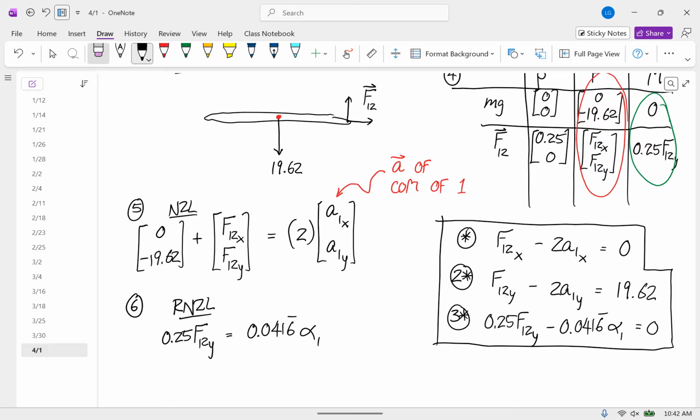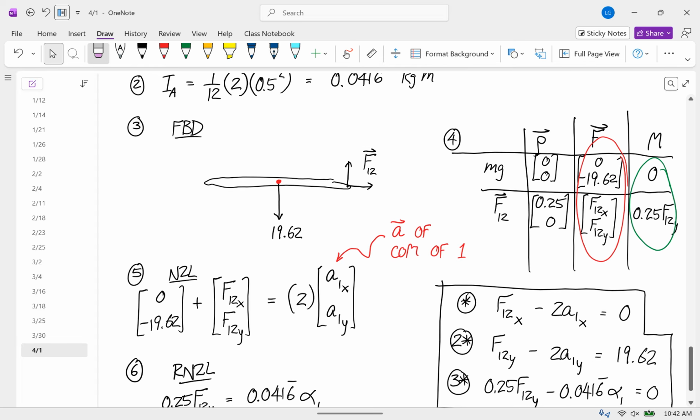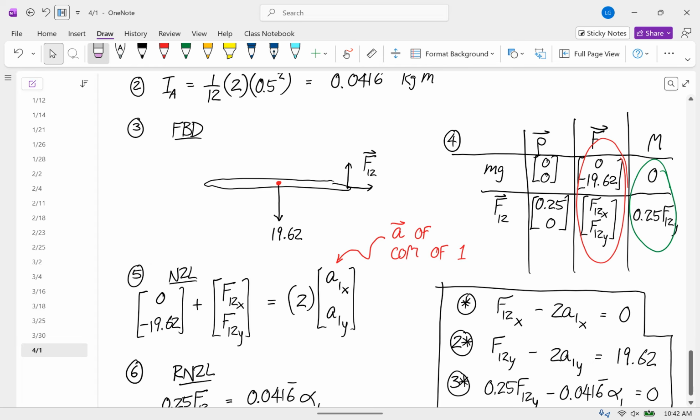Okay, well, if this was a single rigid body, we would be able to solve this now. But let's count up variables. And by the way, we don't care about the variables we have in our free body diagram. We only care about the variables that pop up in the equations. So we'll count from the equations.